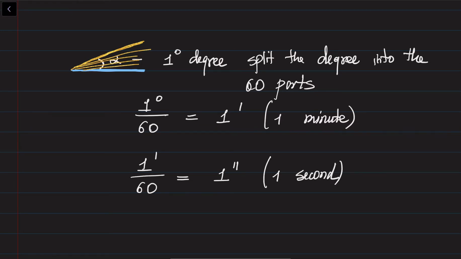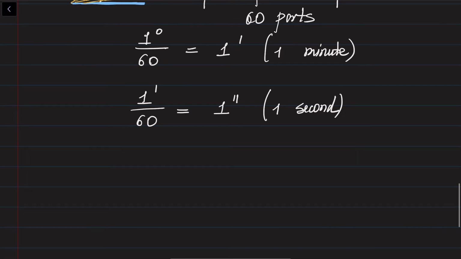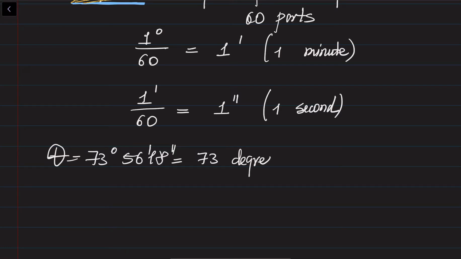So essentially what I can do is define an angle as 73 degrees, 56 minutes, and 18 seconds. So essentially it allows us to measure really tiny angles.